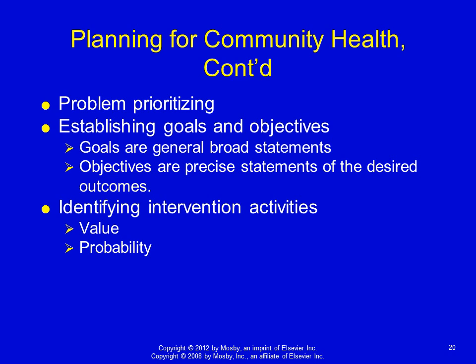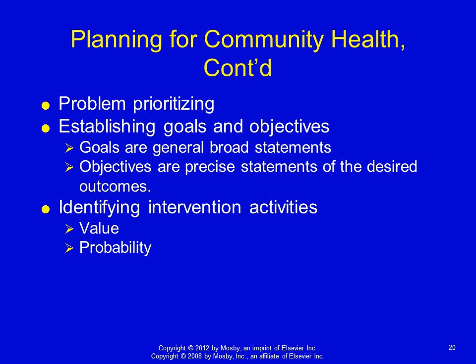Each problem identified as part of the assessment process must be put through a ranking process to determine its importance. The ranking process, in which problems are evaluated and priorities established according to predetermined criteria, is called problem prioritizing. It takes into account information provided by community members, content experts, administrators, and others who can provide resources.